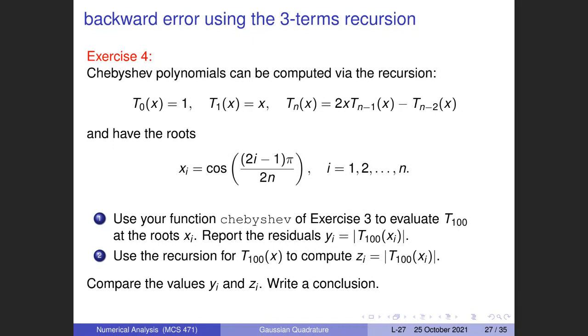For orthogonality, we must use the 3 terms recursion. So the point of this exercise is that you will observe that even the exact roots will not be very good for the representation in the standard basis. The 3 terms recursion is also a numerical algorithm, and that's the numerical algorithm that you must use to evaluate the Chebyshev polynomials.